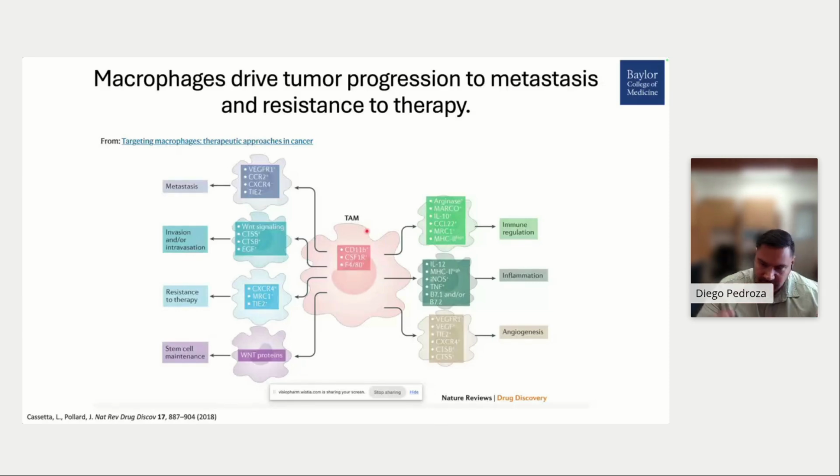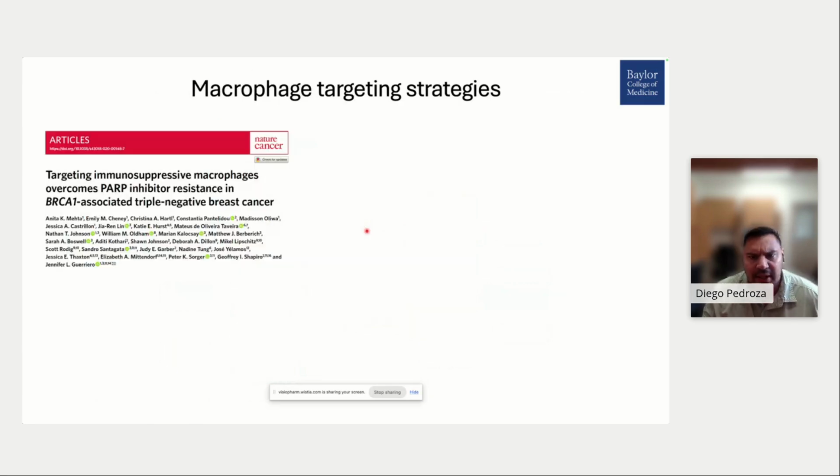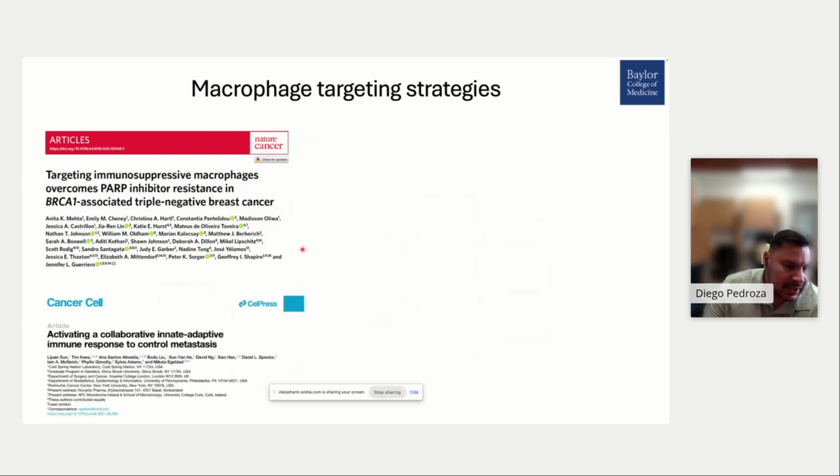And now with spatial single cell sequencing, we've expanded these markers to basically hundreds of markers now to denote various levels of macrophages. And over the years, it's not just been us. There have been other labs that have also been interested in targeting macrophages. So this is a lab, Jennifer Guerrero from Dana-Farber, where they try to target macrophages in combination with PARP inhibitors.